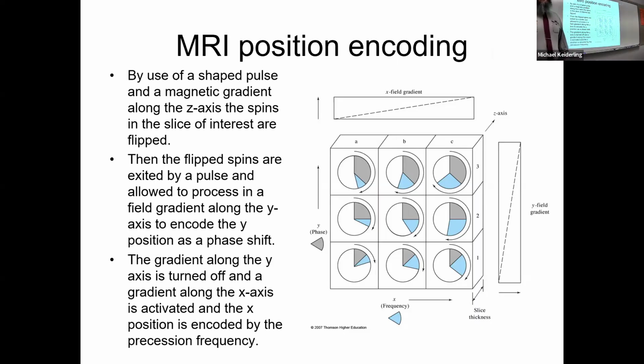With a shaped pulse and magnetic gradient along the z-axis, you can flip the spins in only one slice. The flipped spins get excited by a pulse and are allowed to precess in the field gradient along the y-axis to encode the y position as a phase shift. Then the gradient along the y-axis is turned off, and a gradient along the x-axis is activated, and the x position is encoded in the precession frequency.